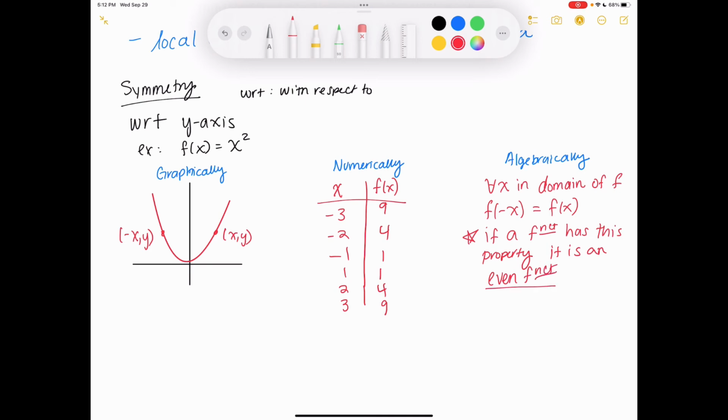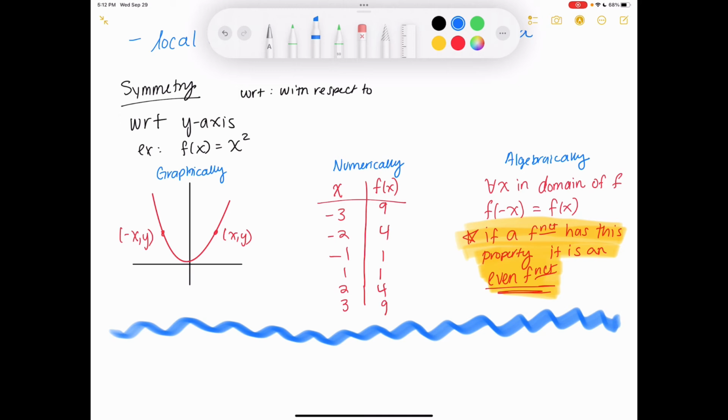So just keep that in mind. That's something that you need to know. Actually, here, I'll just highlight it.